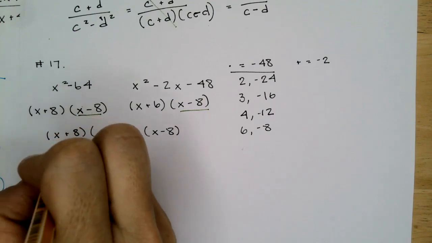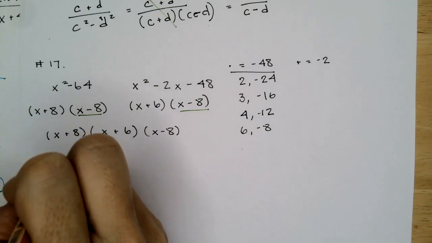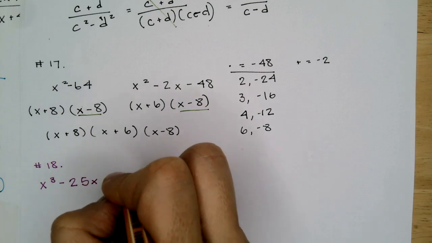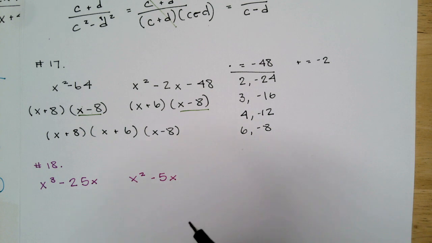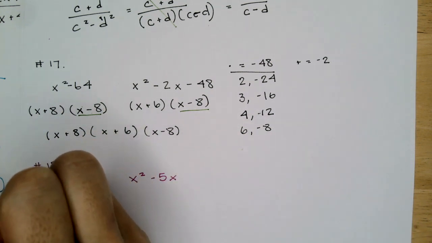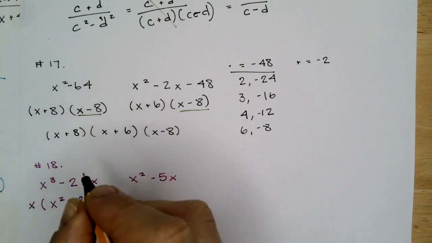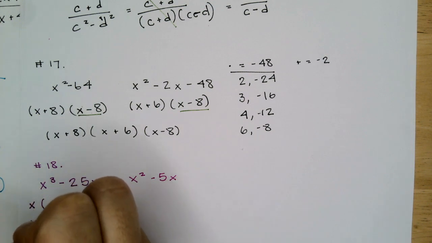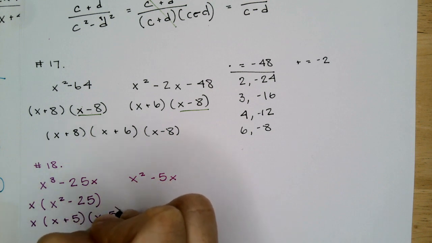Number 18, we have x cubed minus 25x, and we have x squared minus 5x. X cubed minus 25x, you can factor out an x and you get x times x squared minus 25. X squared minus 25 is like x squared minus 64. It just becomes x plus 5, x minus 5.